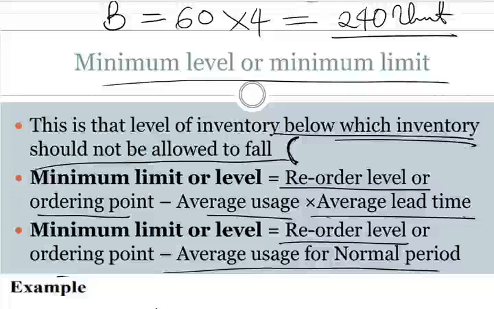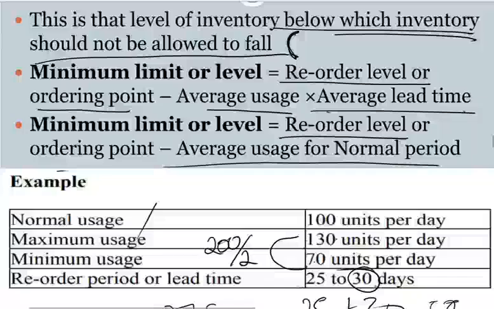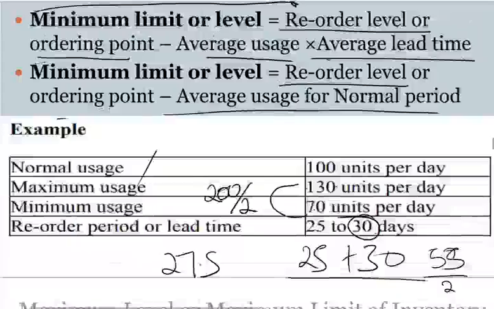We have found the reorder point minus the average usage times average lead time. So that's how we're supposed to do. The average usage is also called the normal usage. Or to find the average usage, we can say maximum plus minimum divided by 2. All those methods will give you the average usage.